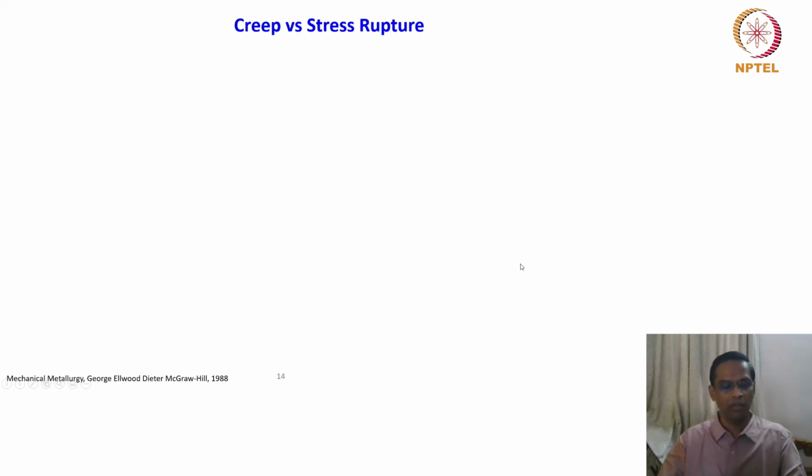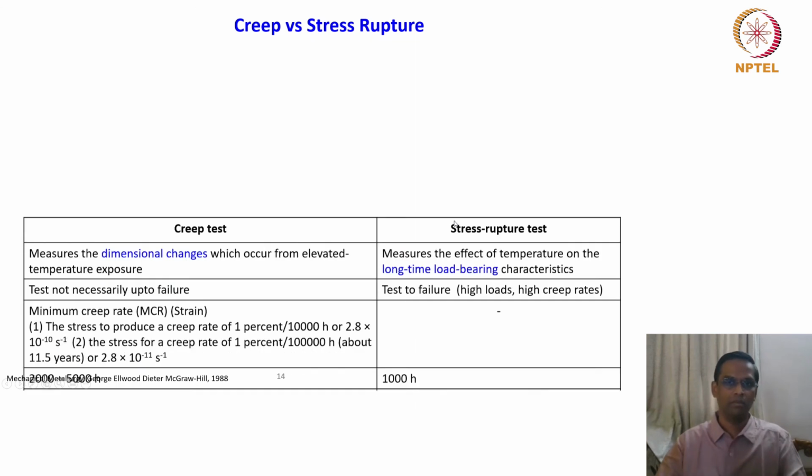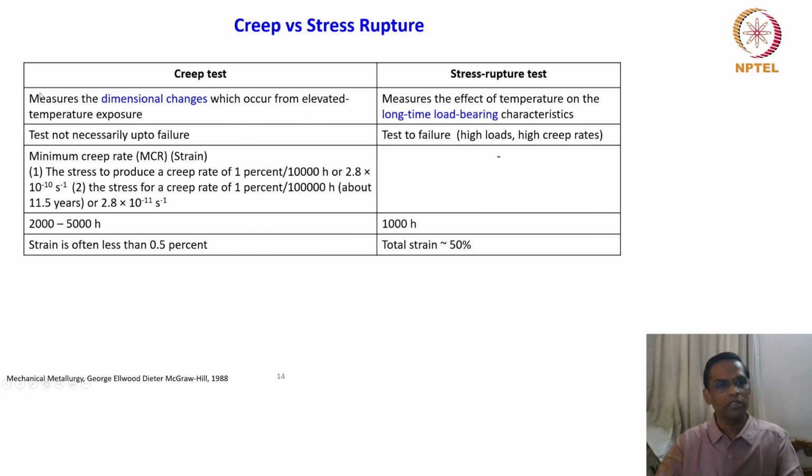So what is the primary difference between the creep test and the rupture test? I tabulated some key features. A creep test measures the dimensional changes which occur from elevated temperature exposure. On the other hand, the stress rupture test measures the effect of temperature on the long time load bearing characteristics.